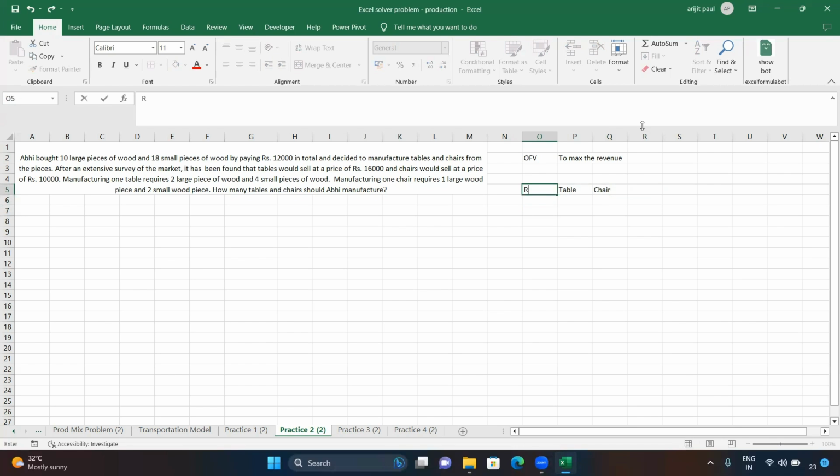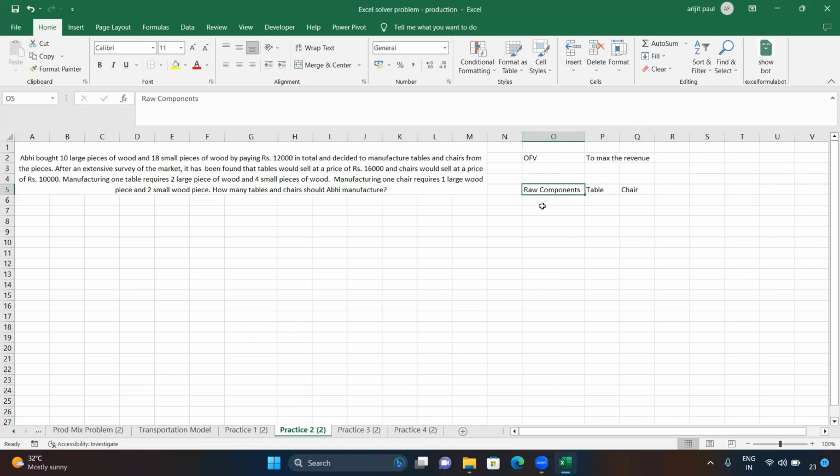And what are the components? So we can mention this as LW. LW means what? LW means large piece of wood. Okay. And SW means small piece of wood.